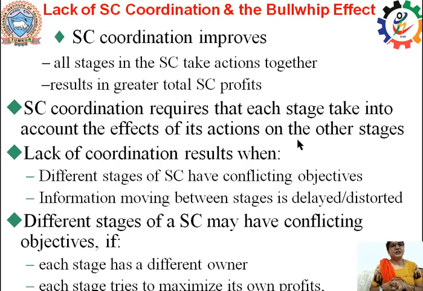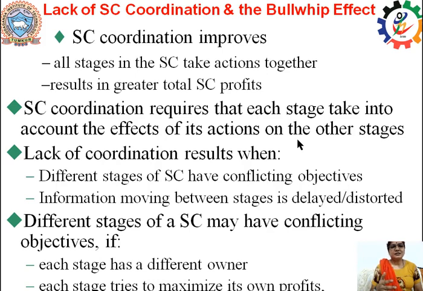So these kinds of actions should not be taken because they hurt the profitability of the neighboring stages. When we look at the supply chain holistically, this will not have any effect. At one place it is +5 and the other place it is -5. So the effects are nullified.